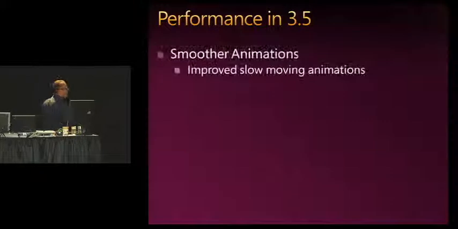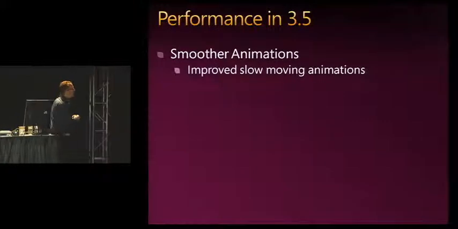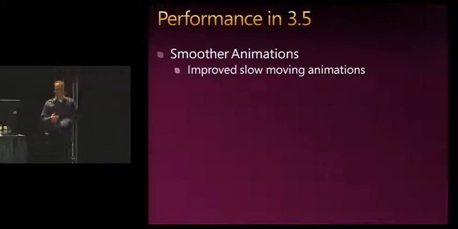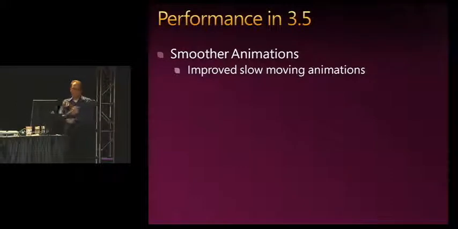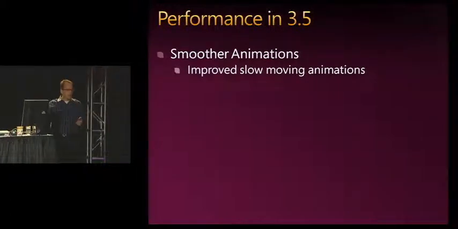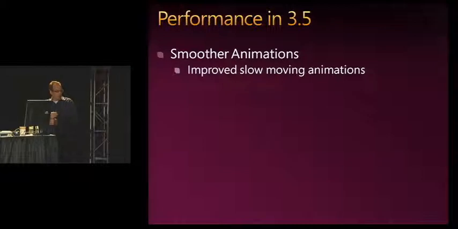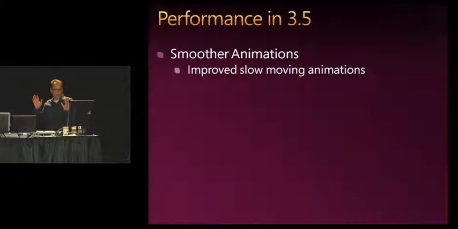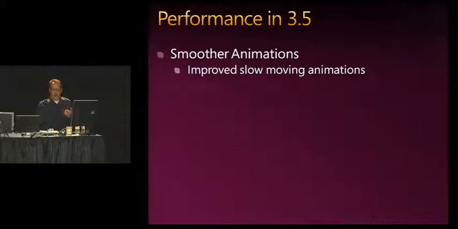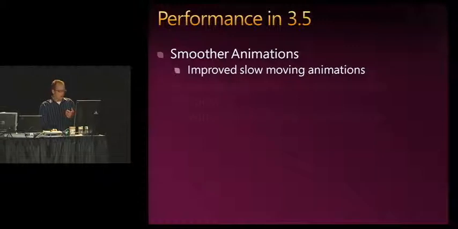So in 3.5, in the shipping code, in 3.0 SP1, we also made a number of investments, a couple of them to highlight are smoother animations. If you look at .NET 3.0 and you have a slow animation going across the screen, you'll notice kind of occasional hiccups. We don't like that. That was a big mistake, and we fixed that in 3.0 SP1. So if you see anything like that still in 3.0 SP1 or 3.5, let us know if you see any visual glitches like that.